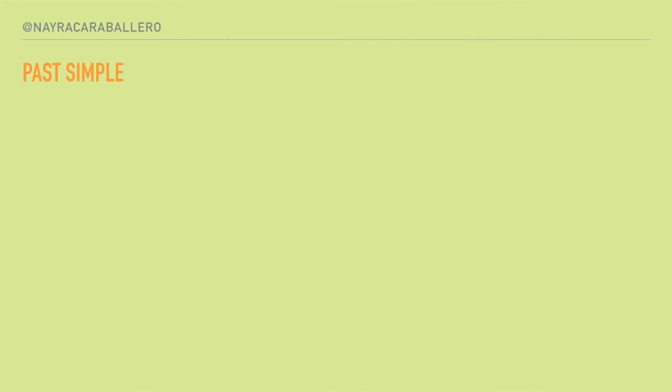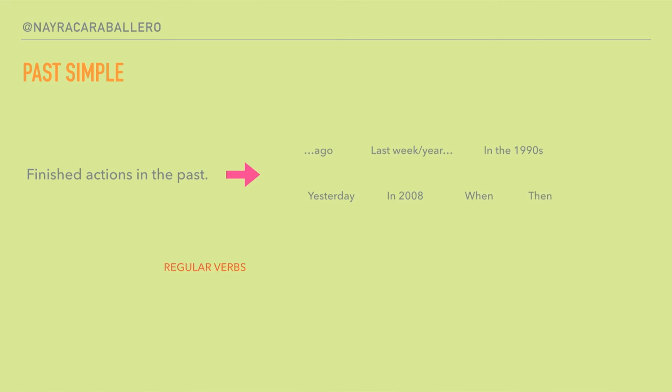Past simple is used to talk about finished actions in the past. We have to bear in mind some words which help us to distinguish past simple tense from other tenses. For example, ago, yesterday, last week or last year, in 2008, in the 90s, when, then.